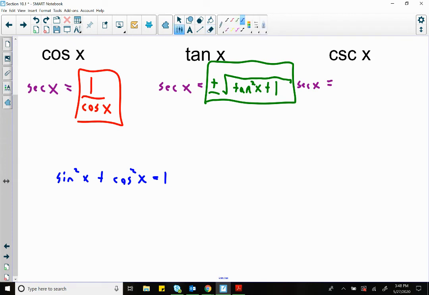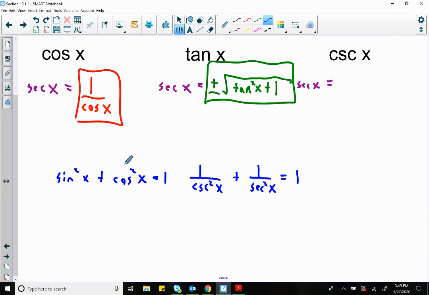From here, we know that sine squared is really the same as 1 over cosecant squared, and cosine squared is really 1 over secant squared, so 1 over cosecant squared x plus 1 over secant squared x equals 1. All I did was change these for the reciprocals that I knew they were. Pause the video from here and see if you can get secant squared or secant x by itself, now that I've given you that hint. Go ahead, give it a shot.